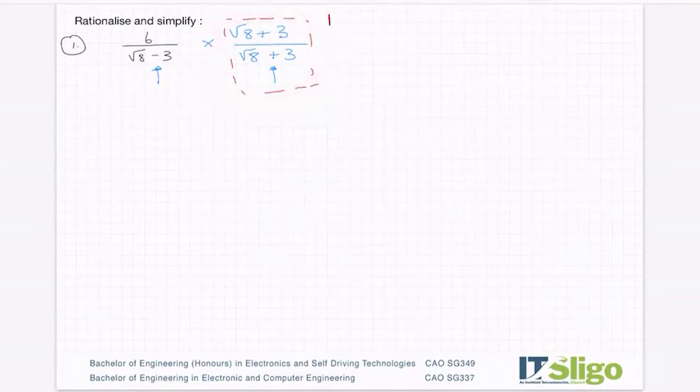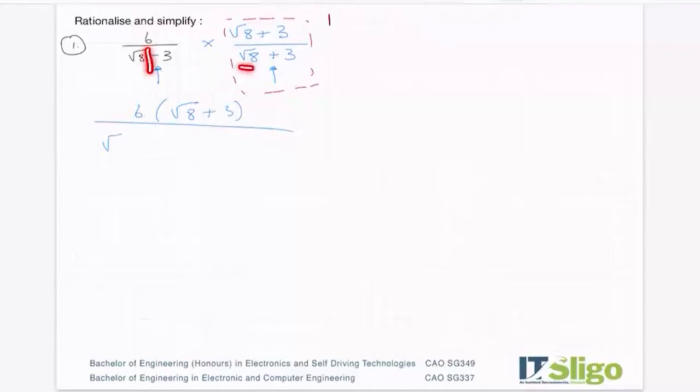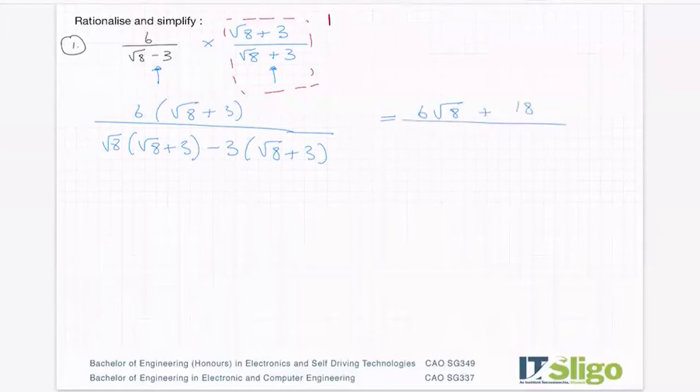Okay, so let's start multiplying that out. We have on the top 6 times root 8 plus 3, and on the bottom, if I split the first bracket, so it's root 8 by everything in the second bracket, and then minus 3 by everything in the second bracket. Okay, and we get 6 by root 8 is 6 root 8, 6 threes, 18. On the bottom, root 8 by root 8 is 8, so that was some of the theory we were doing last week.